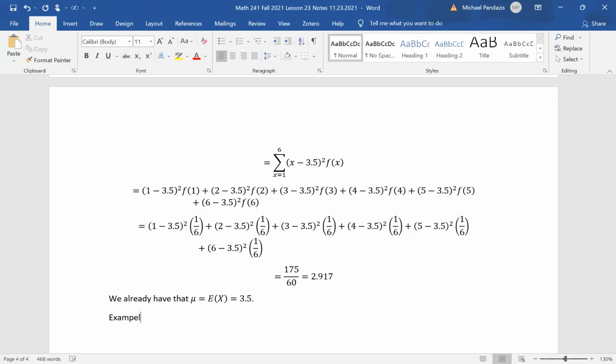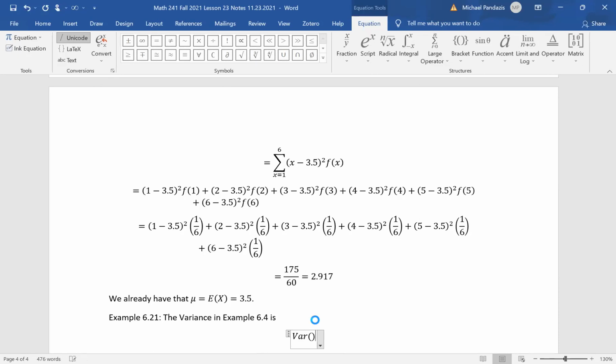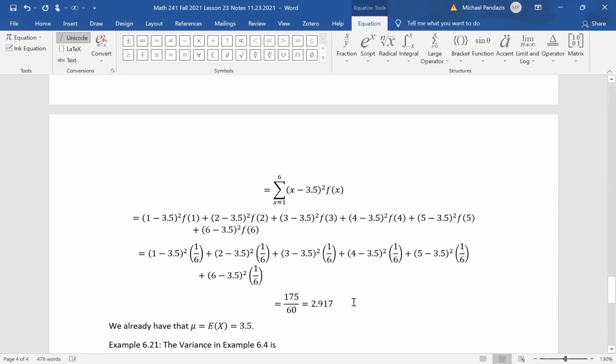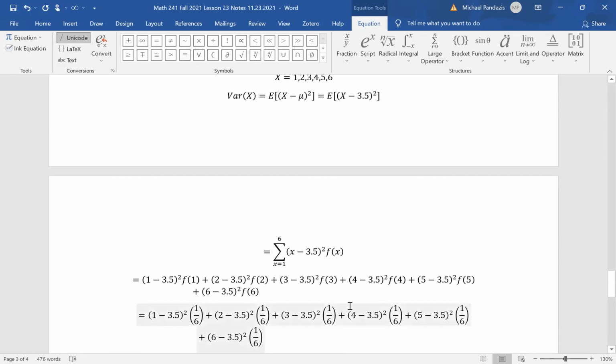The next example is example 6.21. In this example, we calculate the variance in example 6.4. So we want the variance in that example.